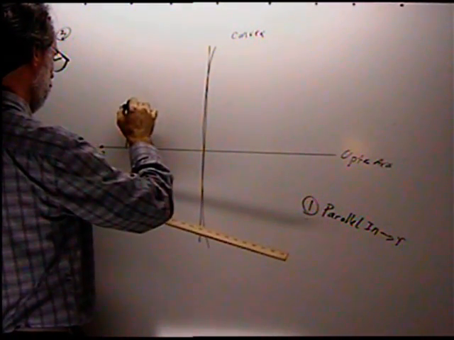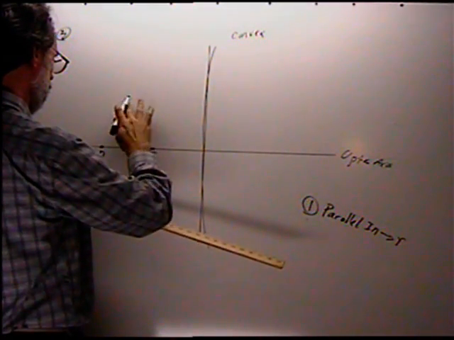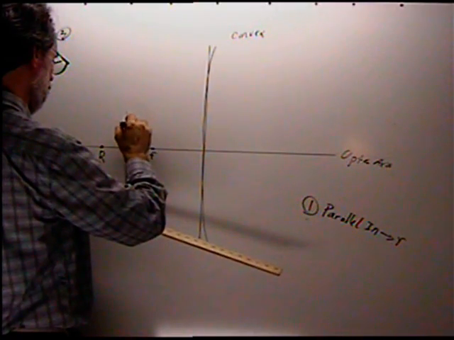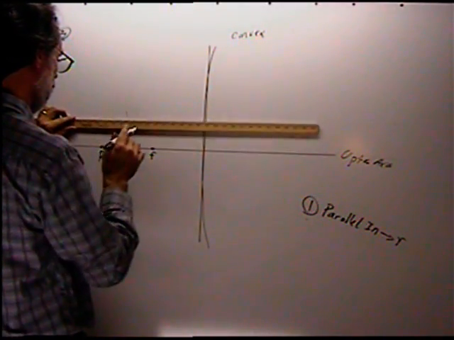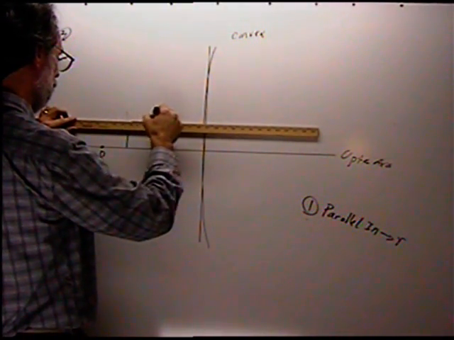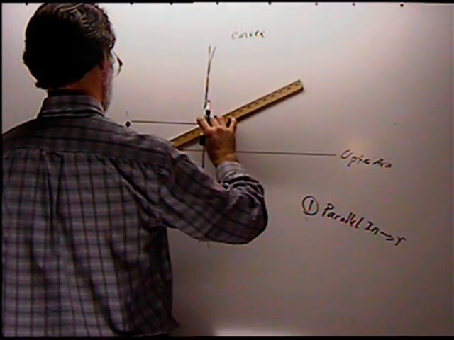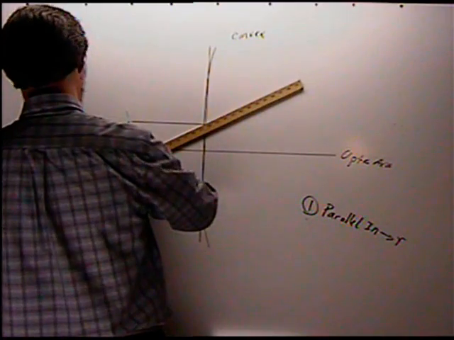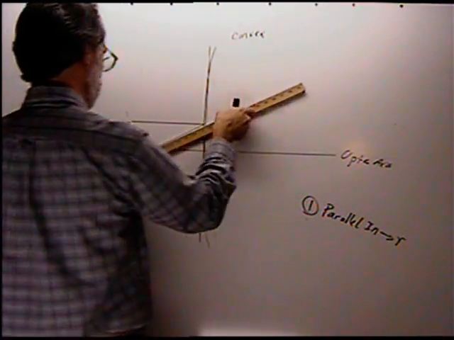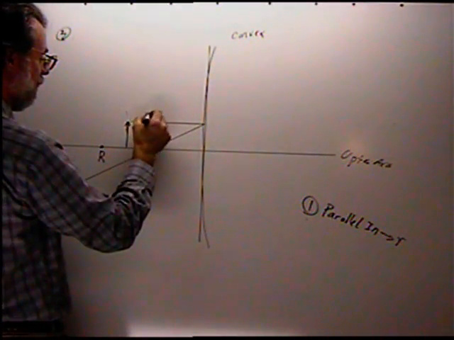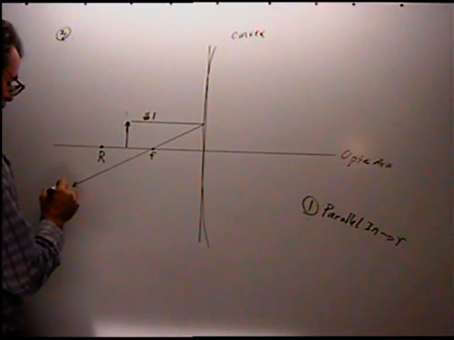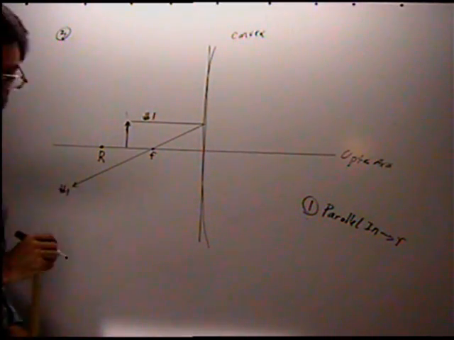I'm going to make this one a little bit taller. No, I better not. I'll keep it right there. Okay, there's ray number 1. It's parallel in, and it goes through the focus.